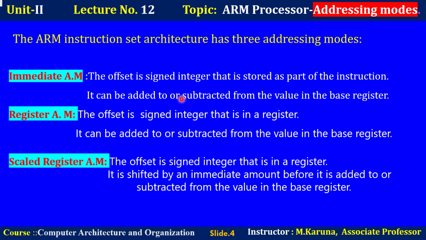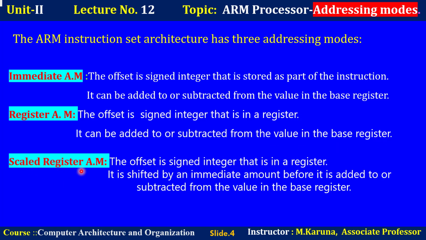It can be added to or subtracted from the value in the base register. In register addressing mode, the offset is a signed integer that is in a register. Here the offset is stored in a register. It can be added to or subtracted from the value in the base register.